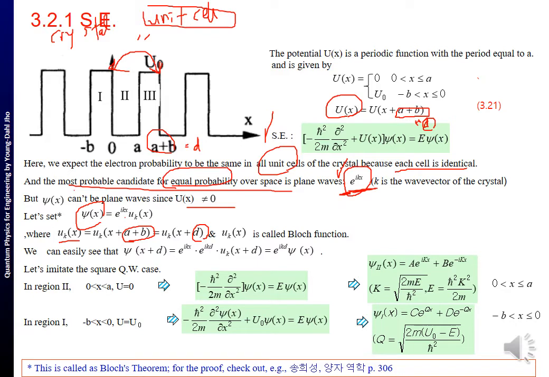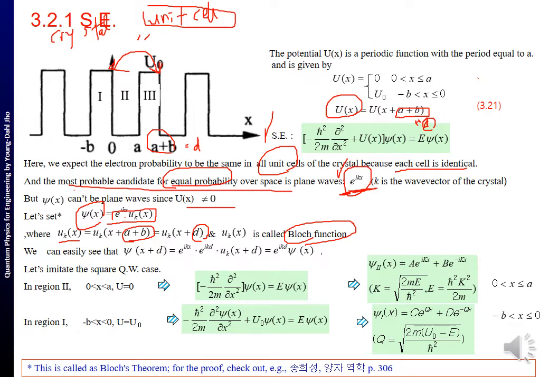And this u_k(x) is called the Bloch function. Actually, when the potential is periodic, we can set the wave function like this. That is Bloch's theorem.